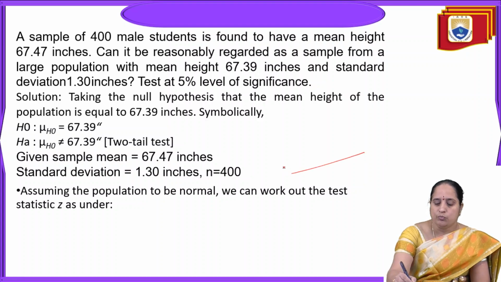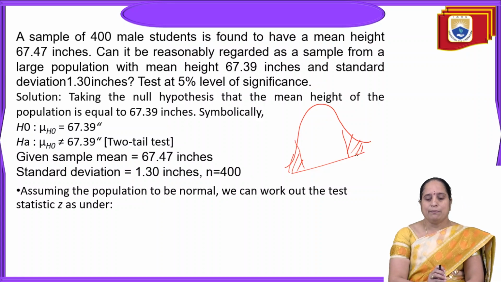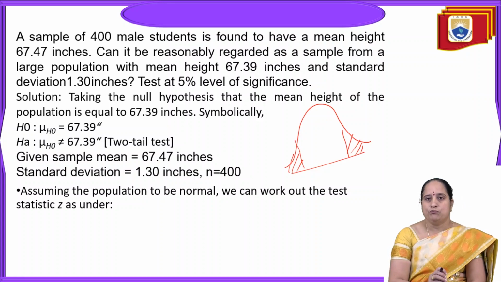It means that the rejection region falls on two sides of the normal distribution curve. Given sample mean is 67.47 inches, the standard deviation is 1.30 inches and n is equal to 400 male students.